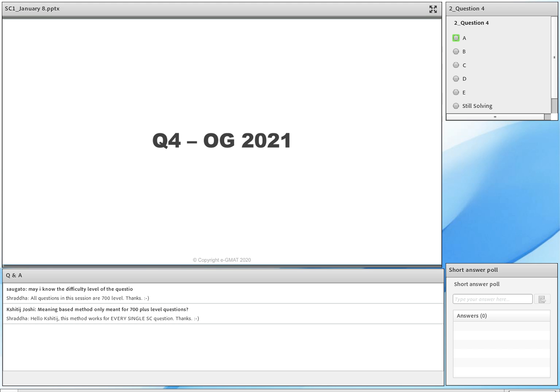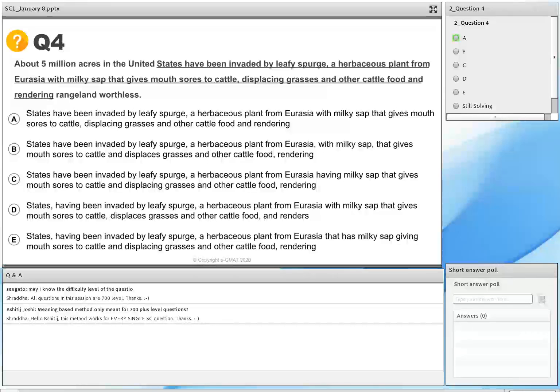Alrighty, here we go. Question number 4 on your screen. Read the sentence well, get the logic right, and then choose an answer. All the best.